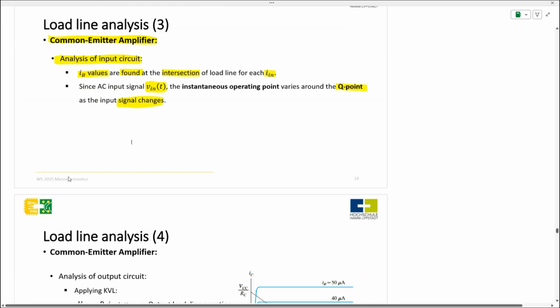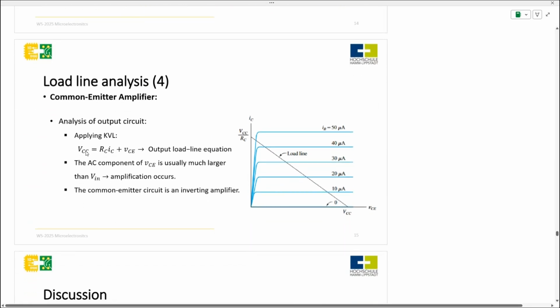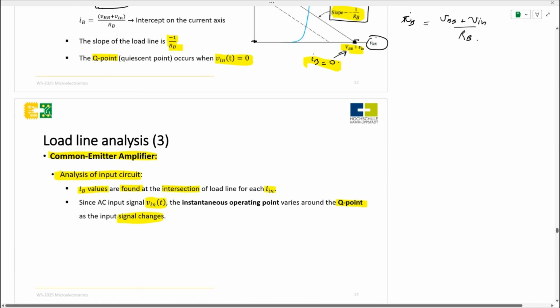A lot of information, but we can work through it. Now I want to stay in the input circuit.